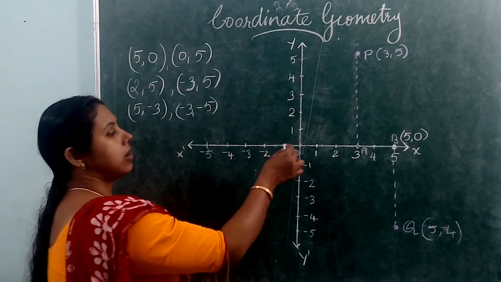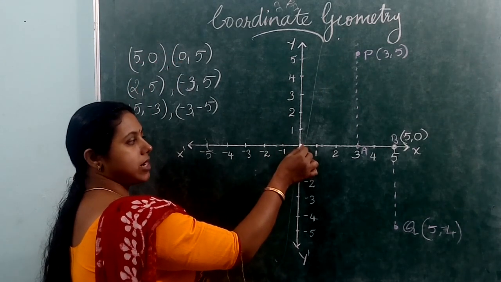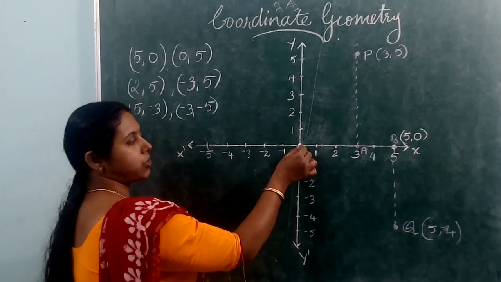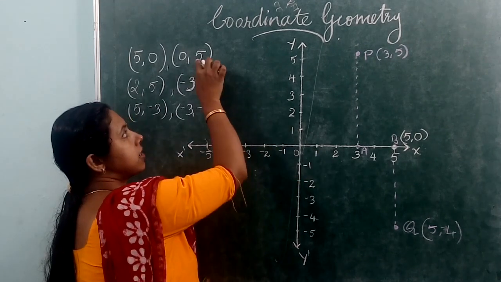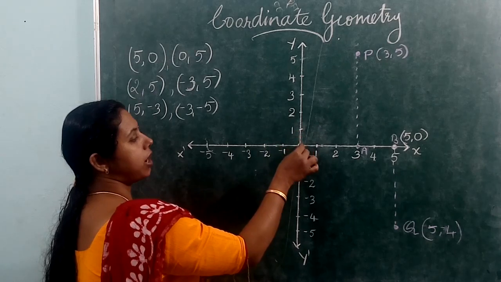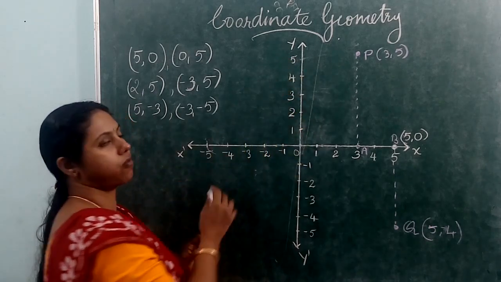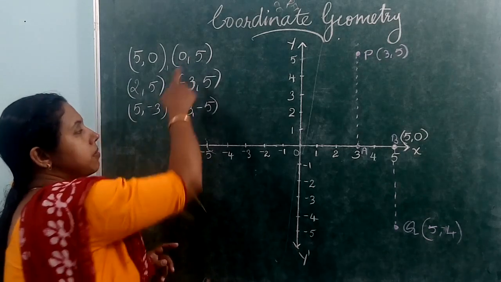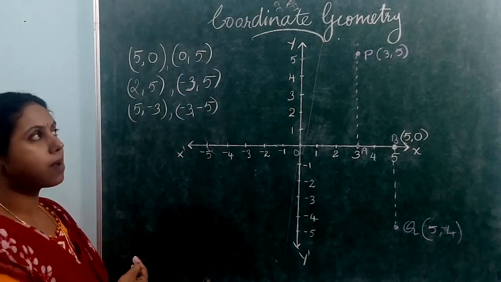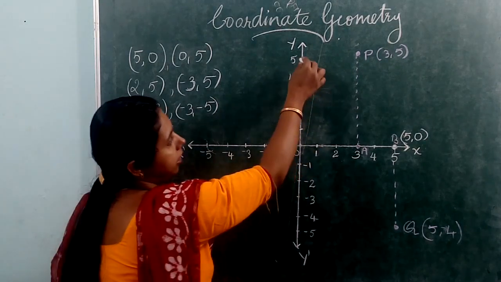So start from origin, distance from x-axis to the point is y coordinate, that is 5 units. So move 5 units away from the origin in the positive direction of y-axis because both the coordinates are positive.